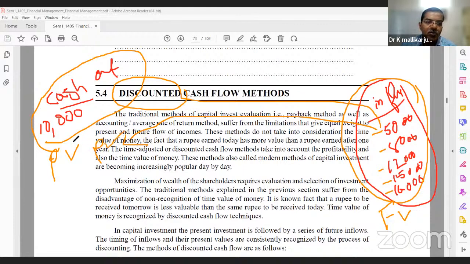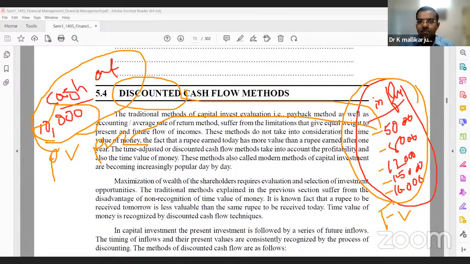Then we take a decision. The cash outflow is 10 lakh rupees, the present value. Inflow values and outflow values are both taken in present values. Then we consider whether this project is feasible or not, and whether it is profitable or not.